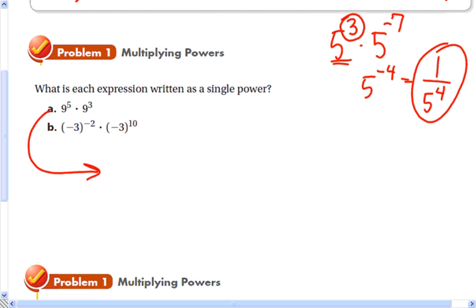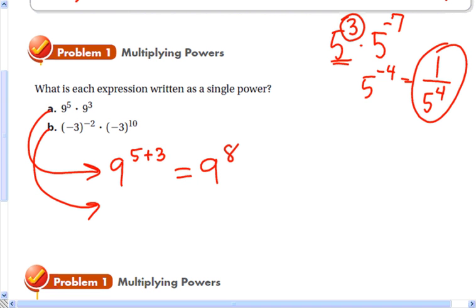So let's look at these problems here. So we're multiplying by 9 5 times, and then we're multiplying by 9 another 3 times. So we're multiplying by 9 a total of 5 plus 3, or 8 times. And B, we're multiplying by negative 3 negative 2 times, so really we're dividing by negative 3 twice.